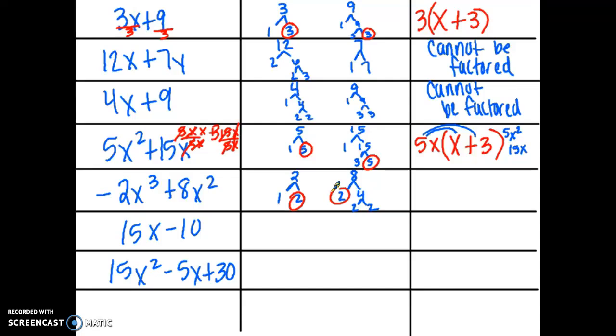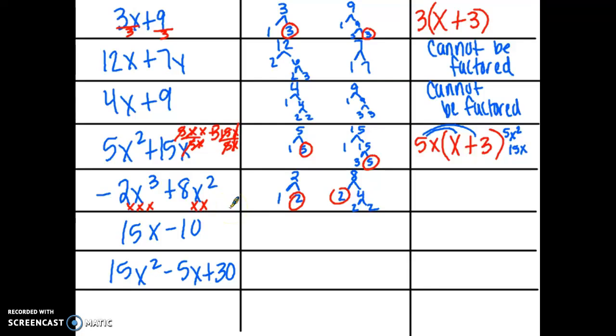So I'm going to divide both of these numbers by 2. This first term is x cubed, so that's 1, 2, 3 x's. The second one is x squared, so that only has 2 x's.